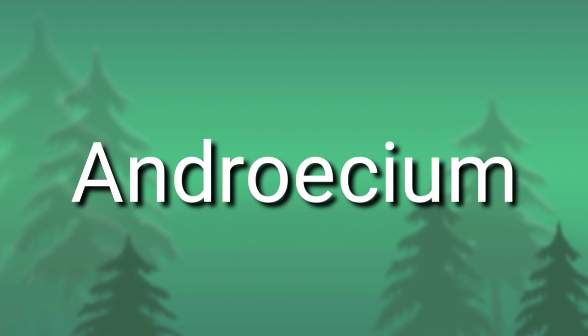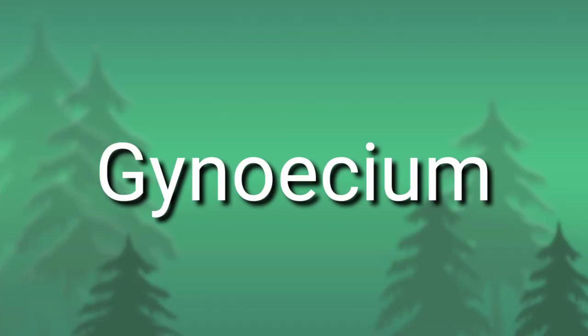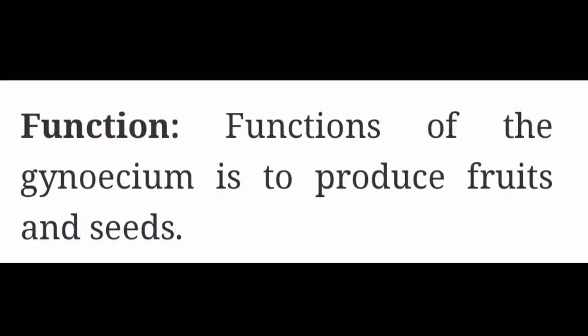It is male reproductive organ of the flower. Main function of androecium is to produce pollen grains. Gynoecium. It is female reproductive organ of the flower. The function of gynoecium is to produce fruit and seeds.